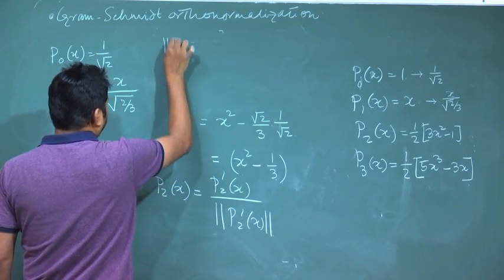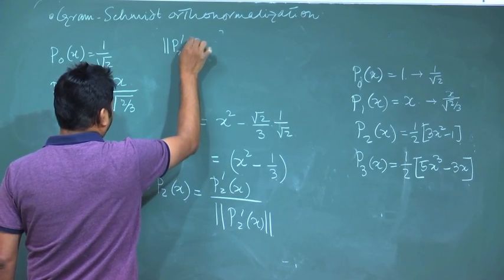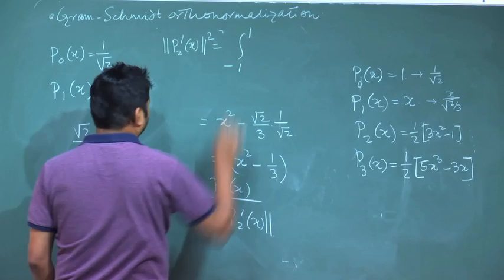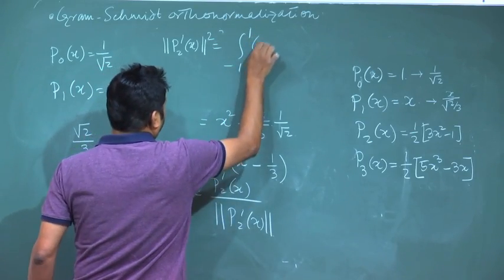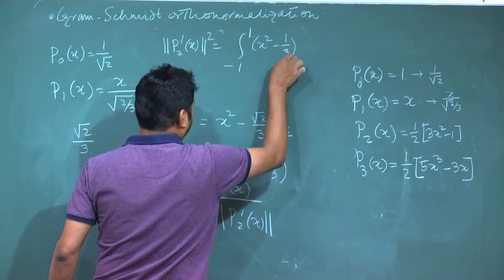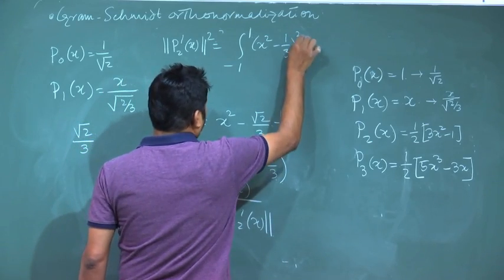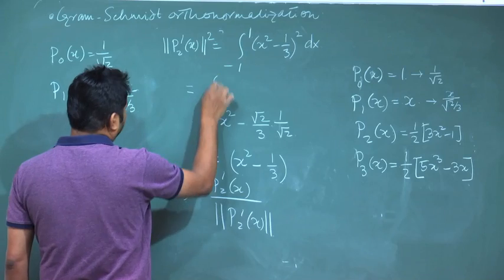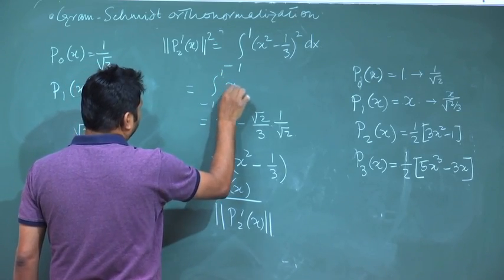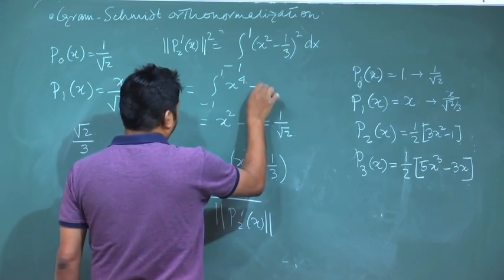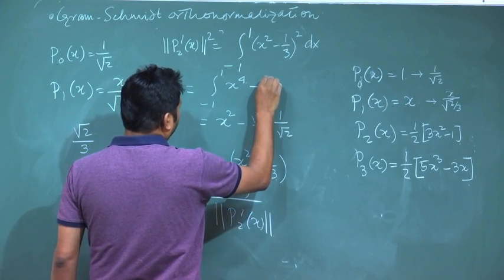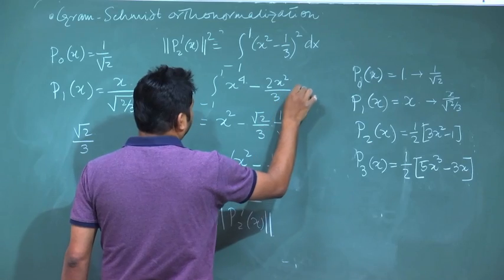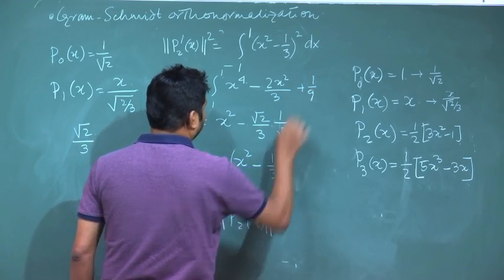So, I first calculate the norm square of P2 prime x. It is nothing but the integral from minus 1 to 1 of x square minus 1 by 3, whole square dx. So, this is the integral from minus 1 to 1 of x to the power 4 minus 2 x square divided by 3 plus 1 by 9.